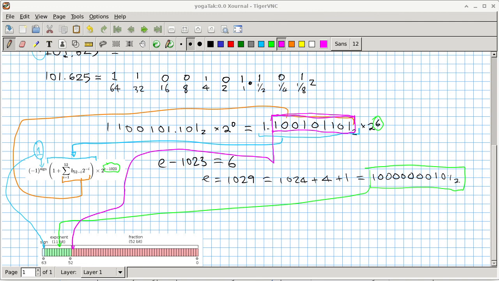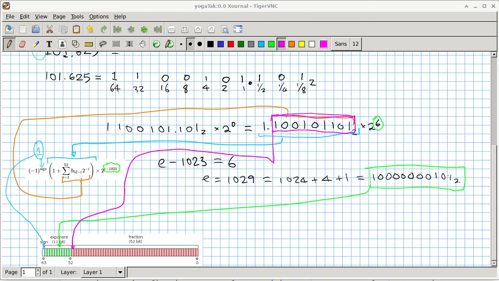So we got a 1 at the green portion, which is the sign bit, and then the 11 green bits correspond to the biased exponent, which is 1 followed by 7 zeros, and then 1, 0, 1. And then the pink portion corresponds to the fractional part of the mantissa in base 2, which is 1, 0, 0, 1, 0, 1, 1, 0, 1, and then the rest are all zeros.